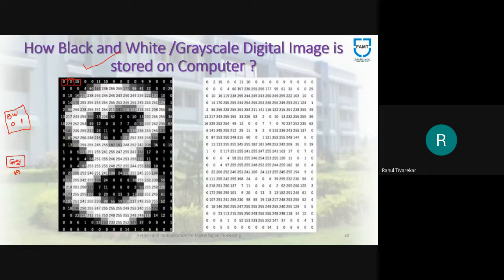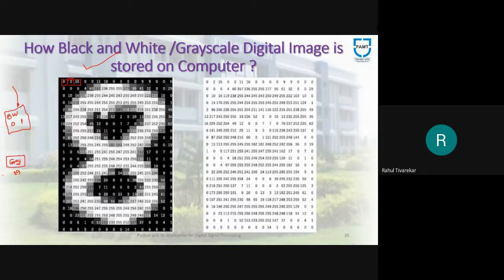I hope the idea is very clear. Black and white means only black color and only pure white color, no other color, only two colors. And if I have more levels of intensity or more gray levels in between black and white, that image is called a grayscale image.